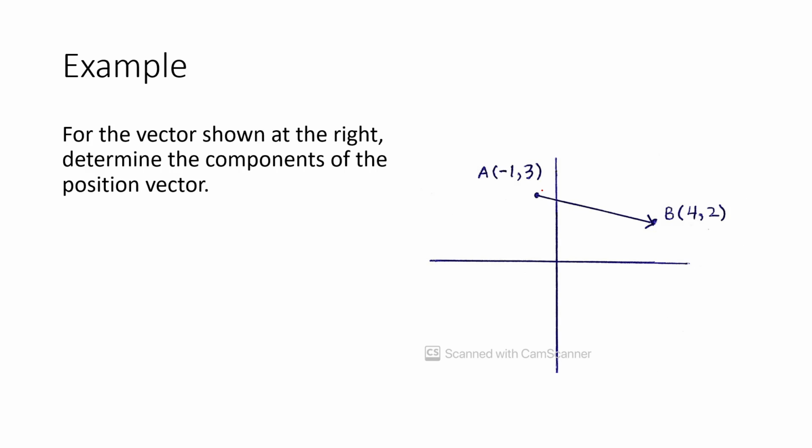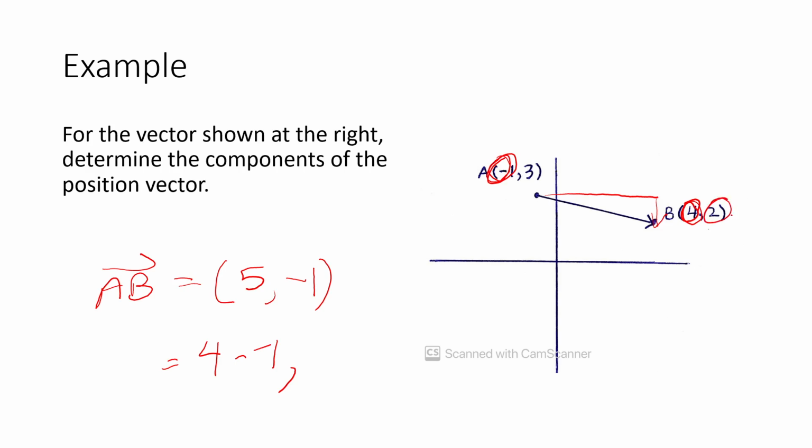Well, if we counted squares, we'd see that we've gone 5 units to the right and we've gone 1 unit down. So we would say that to go from point A to point B was equivalent to a journey of 5 units to the right and 1 unit down. Rather than having to count squares, though, we can do something really ingenious. We can just look at the x-coordinate of point B, which is 4, and subtract the x-coordinate of point A, which is -1.